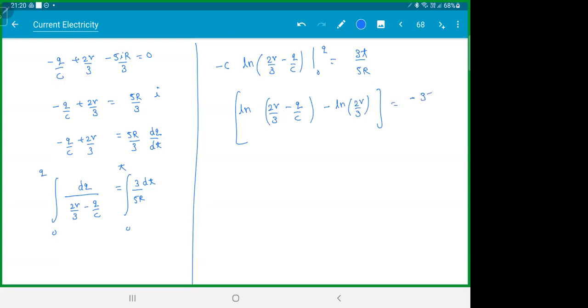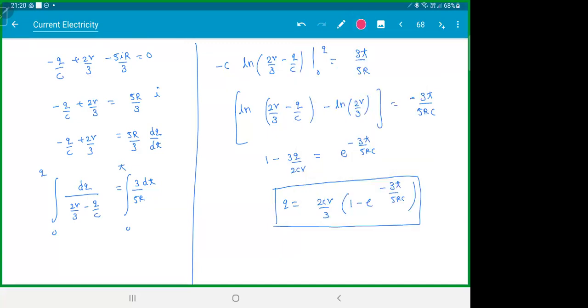It'll become minus 3t by 5RC. Divide them, you end up with 1 minus q by (2CV by 3) is equal to e to the power of minus 3t by 5RC. I'm skipping a lot of steps. So q will be 2CV by 3 into (1 minus e power minus 3t by 5RC). This is the charge as function of time t.